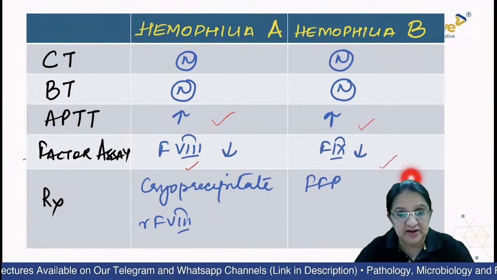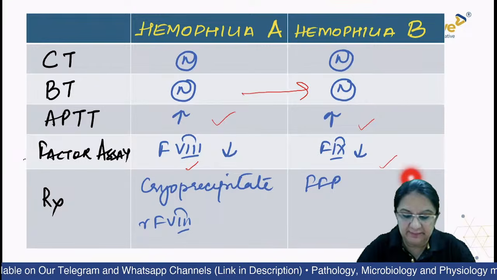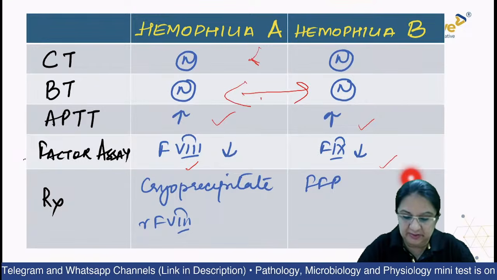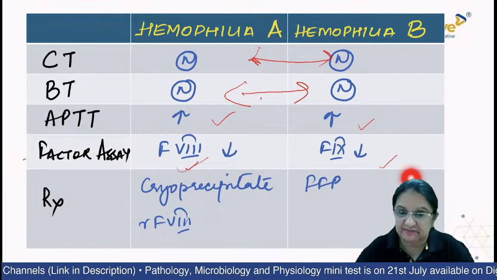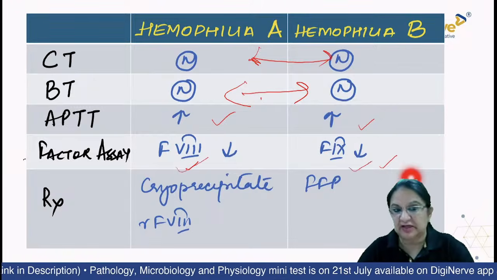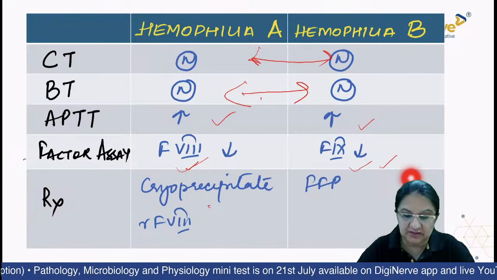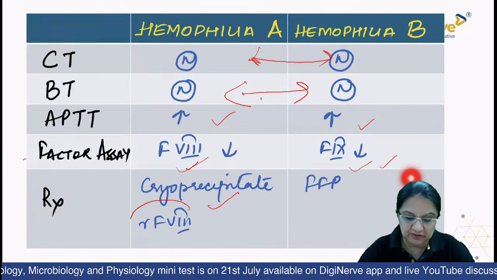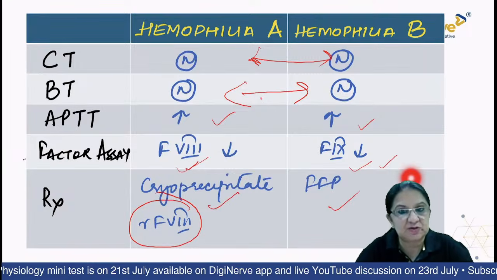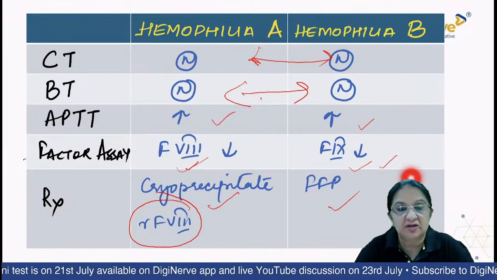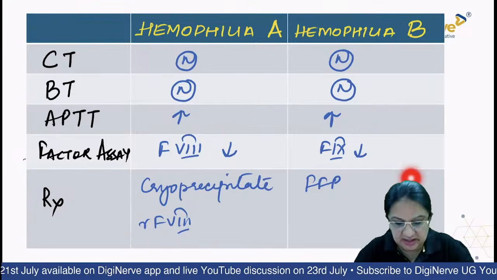Extrinsic pathway factors not involved. Bleeding time, normal. Clotting time, again, normal. Factor assay, as I already told you, deficiency of factor 8, deficiency of factor 9. Treatment, you give either cryoprecipitate or you give recombinant factor 8. Here you give fresh frozen plasma. That's rich in the clotting factors, right?